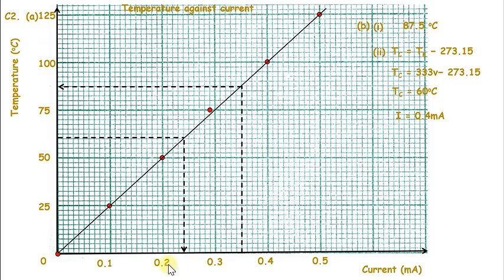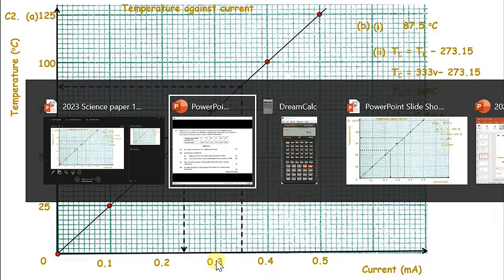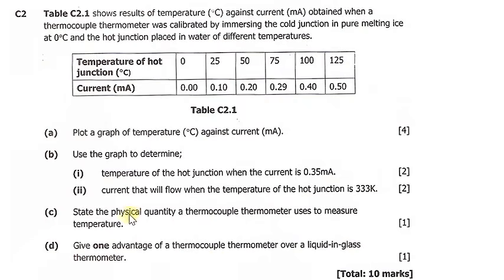It's supposed to be 0.24. So there's a 2 missing here, 0.24 milliamps. So maybe it could have been a typing error where I missed a 2 there. So 0.24 milliamps.